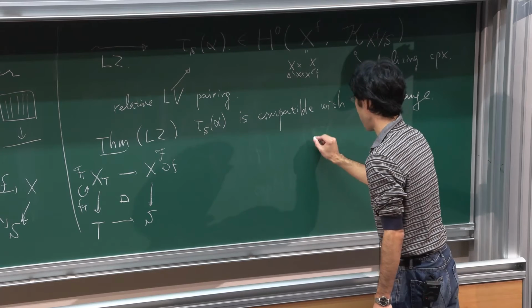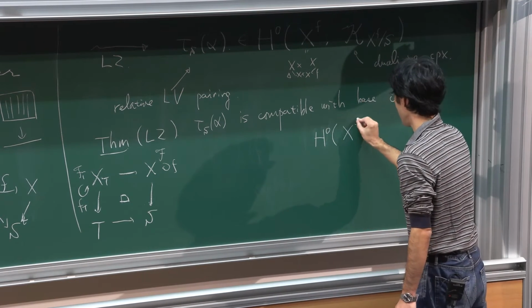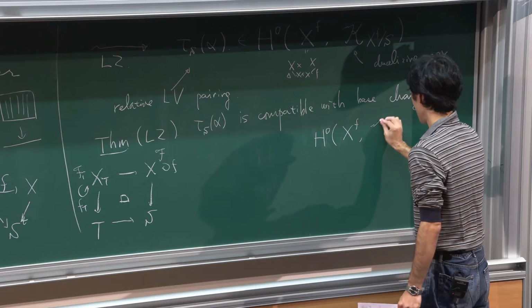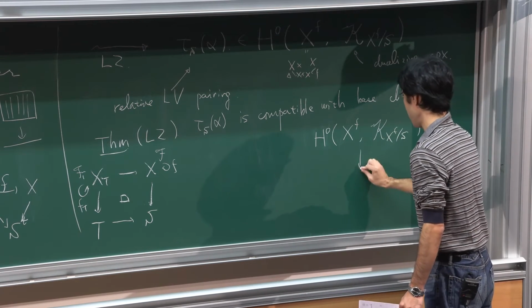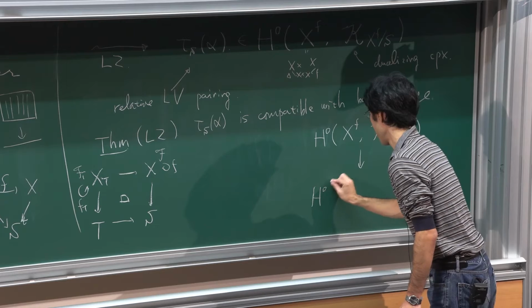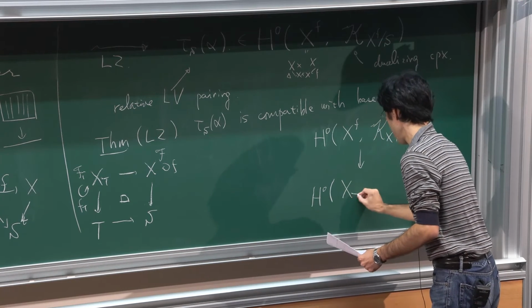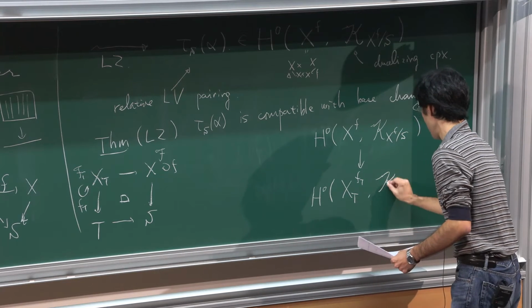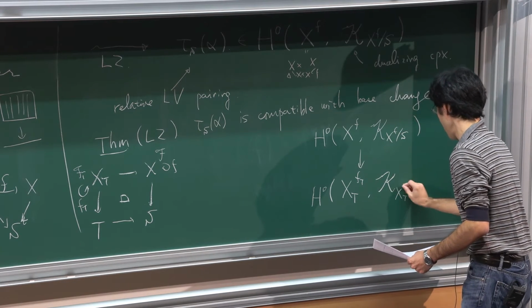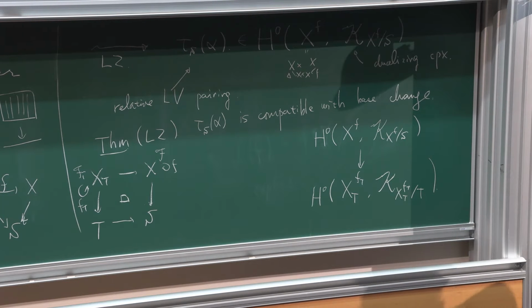By playing with some adjunctions, you can see that we have a canonical map from the fixed points of f over S to the pullback, the fixed points of f_T over T. There's a canonical map, a restriction map, I would say.